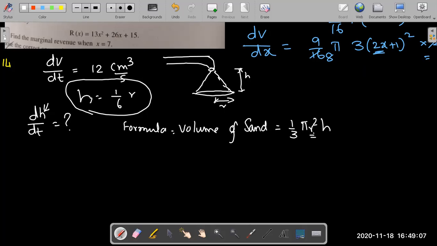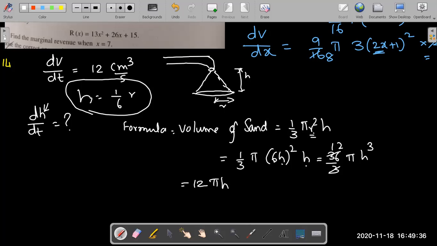Since he is asking for h, we eliminate r. That means we substitute r equal to 6h: 1/3 pi (6h) whole square and h. So we will get 36 by 3 pi h cube, 36 coming from here, h square here and h. So you'll have 12 pi h cube. This is the volume formula.